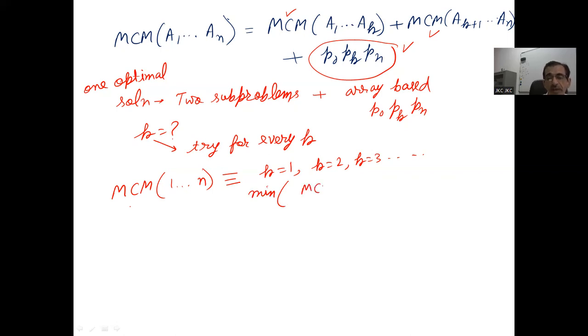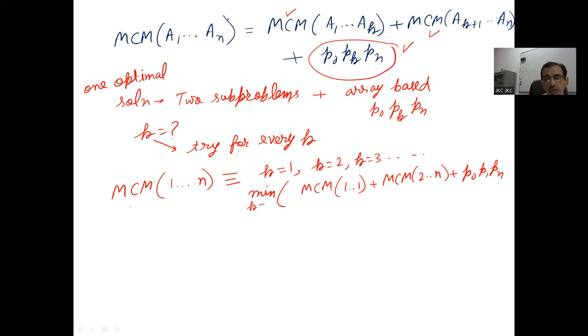One part will become MCM of 1 to 1. So with k taken as 1, the other part will be 2 to n, plus P0, P1, and Pn. This is effectively k equal to 1.